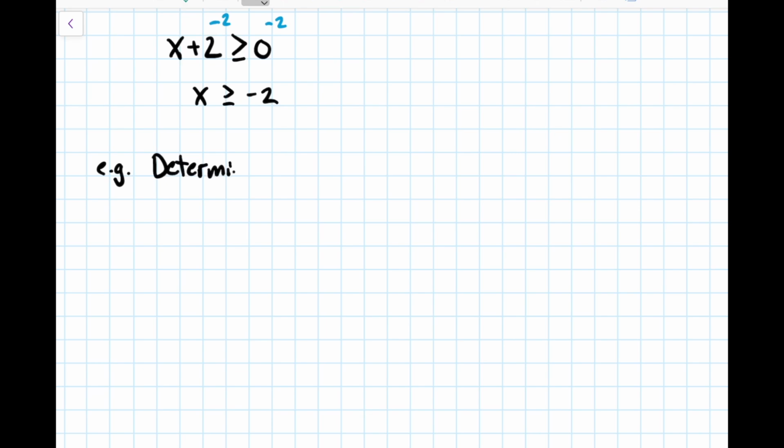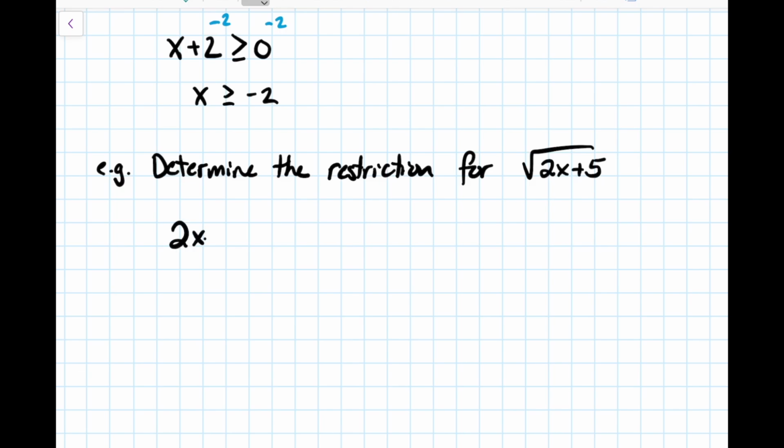So we're going to find the restrictions for a slightly more complicated one now. Just a little bit. Square root of 2x plus 5. So the first thing we need to do, again, is take that radicand, 2x plus 5, set it greater than or equal to 0, and then just start moving stuff around.